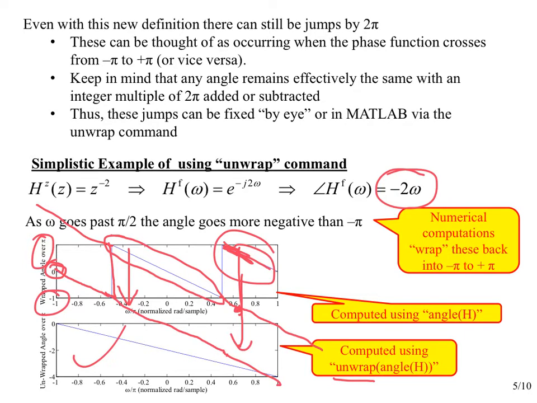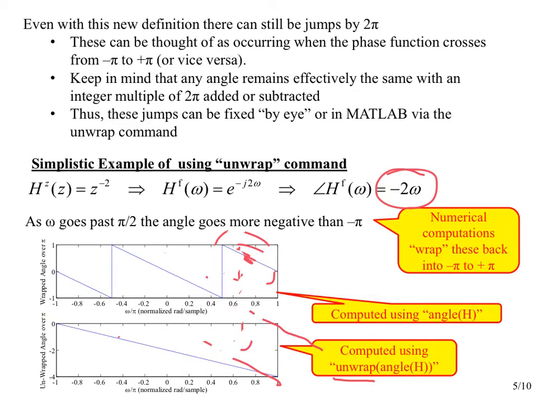Now notice that when that happens, we don't get the right angle at omega equal to 0 that our theoretical result gives. And so we have to be aware of that.